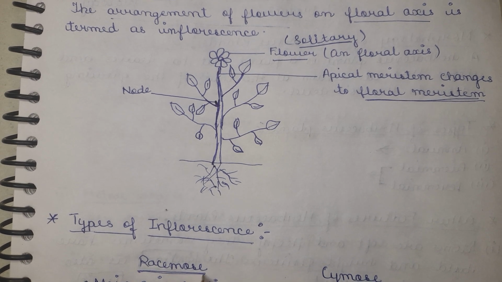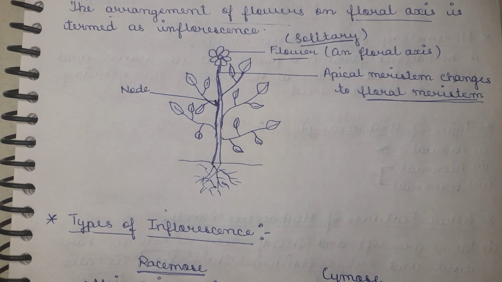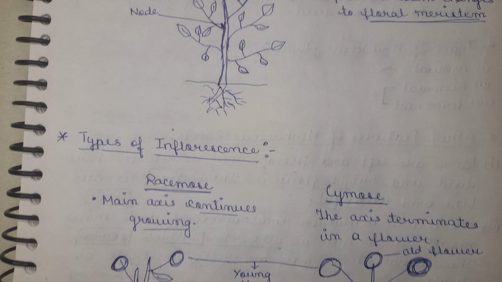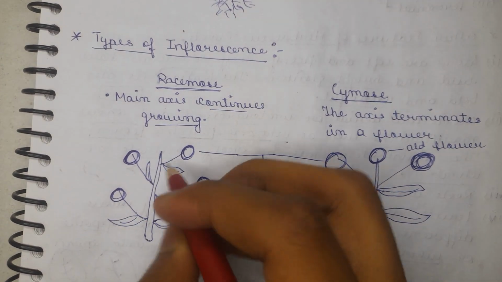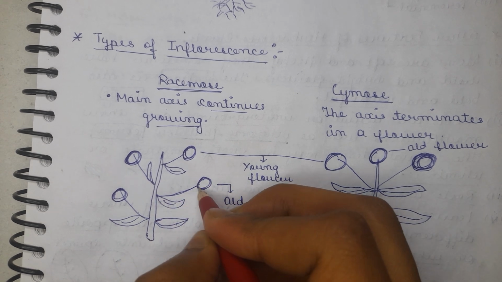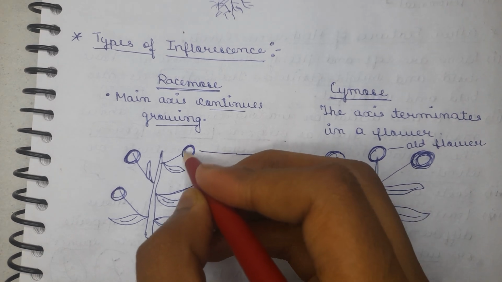The first one is racemose and the second one is cymose. Racemose says that the main axis continues growing. If you see the diagram of it, this is basically a normal diagram of a plant where the stem enlarges itself, and at the last the flowers grow at every point.